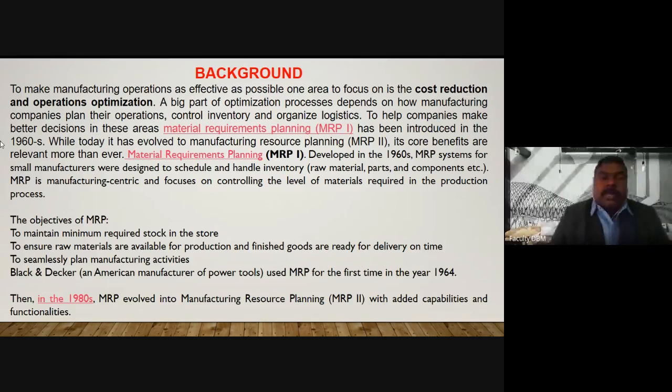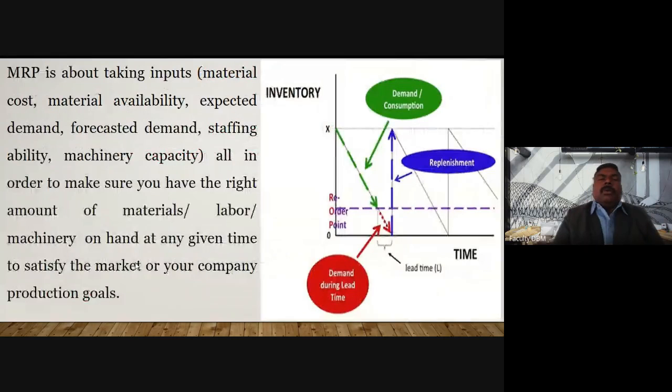The MRP1 objectives were maintaining the minimum required stock in the store, ensuring raw materials are available for production and finished goods are ready for delivery on time, and seamlessly planning the manufacturing activities. So MRP1 or MRP are the same.